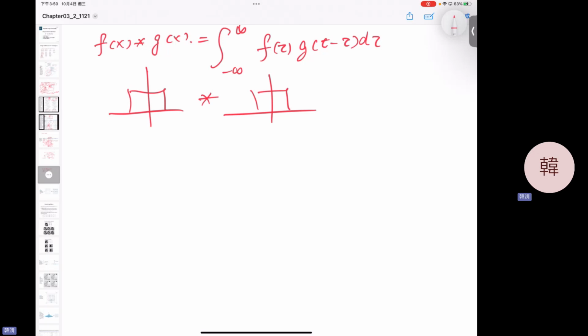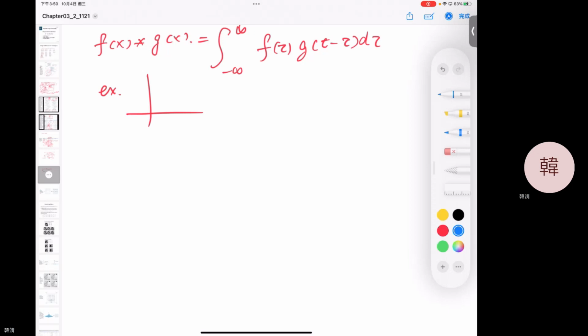So now let's use this example to see the result. For example, if we have one signal like this, the length is 1, and it's combined with a smaller signal like this, with amplitude 1/2.